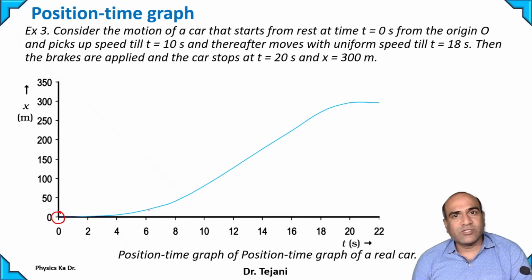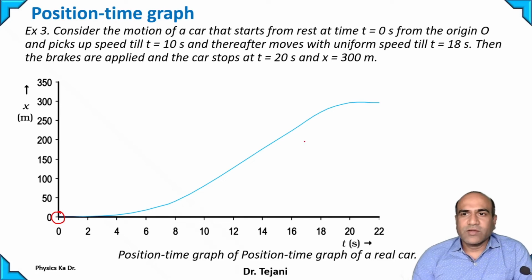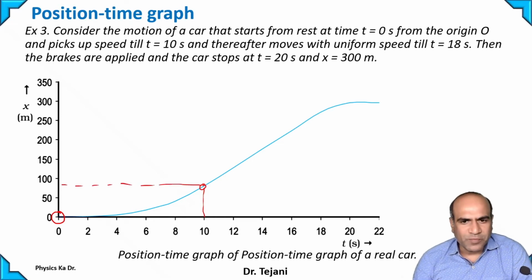Here, when time t is equal to zero, it starts from the origin and picks up speed till 10 seconds. So we initially accelerate our car, and there is some increase in speed. Say, for example, here it is around 70 or 80 kilometers per hour. Let us just assume. Then what do we do?